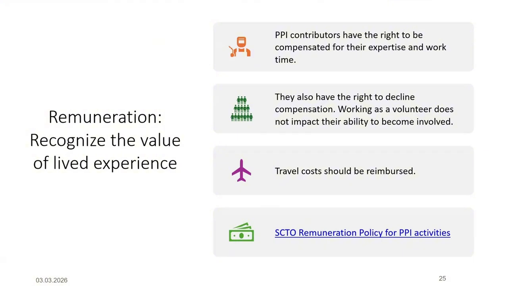So we recommend that you propose a remuneration, but they have the right to decline this compensation, and it doesn't mean anything about their work, which is still very precious, also if they do not want to be remunerated. You should also reimburse travel costs. And for this, you have this SCTO remuneration policy, which is available on the SCTO website.